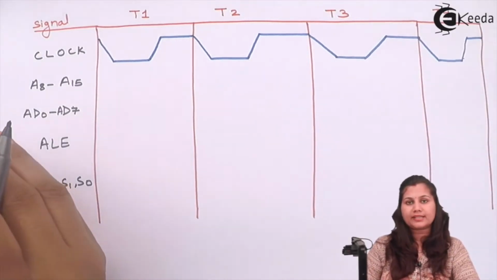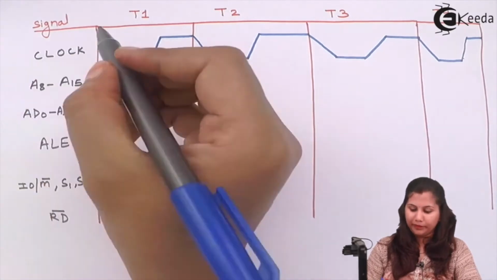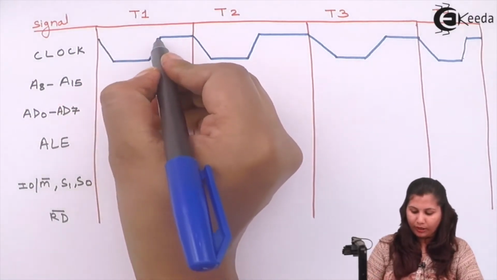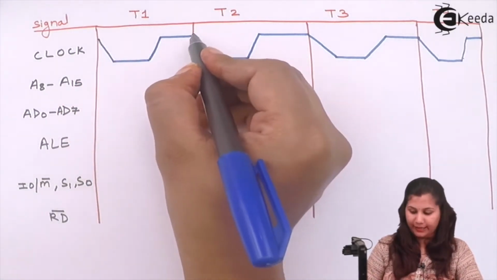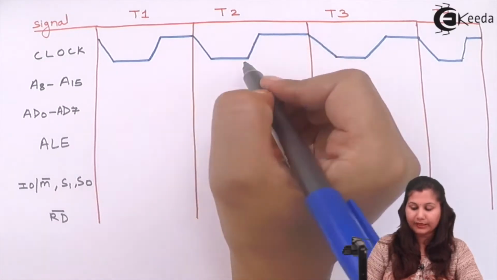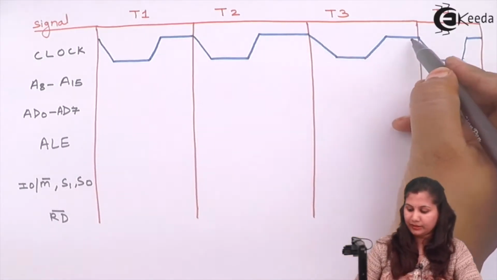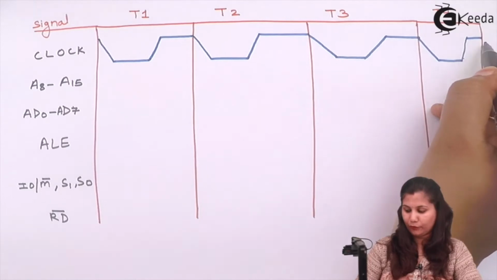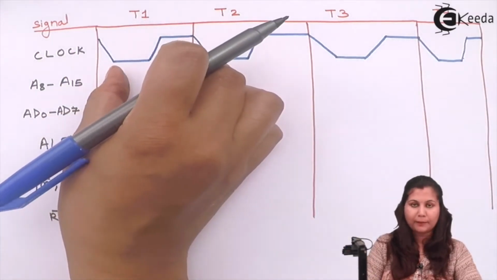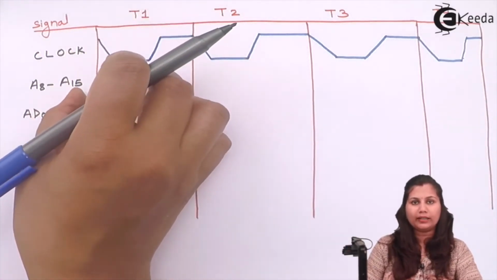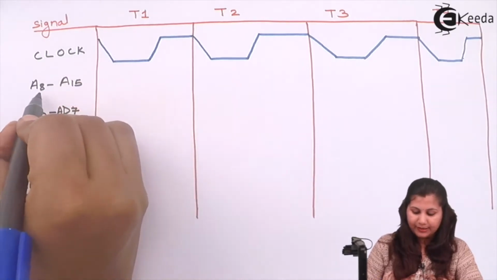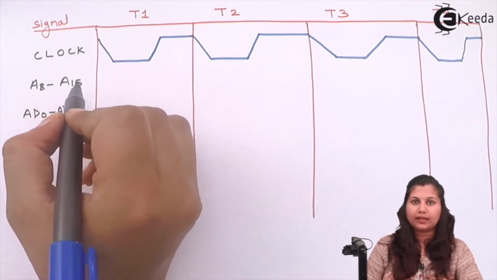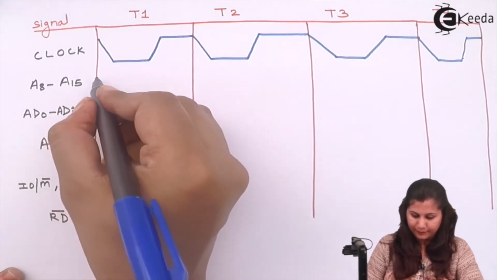Because each T state is equal to one clock period, we draw one clock in one T state, then another clock in the second T state, similarly a third clock and a fourth clock. So one clock period is equal to one T state. This is A8 to A15, the higher order address bus.